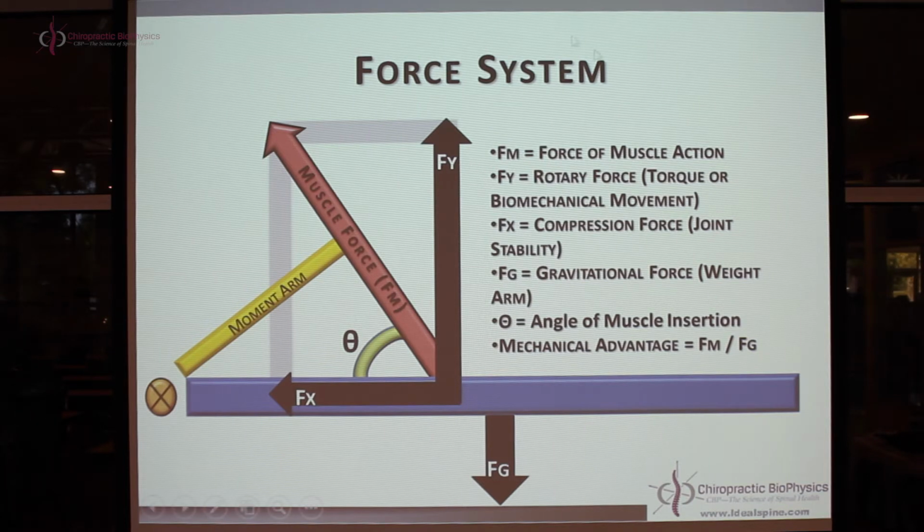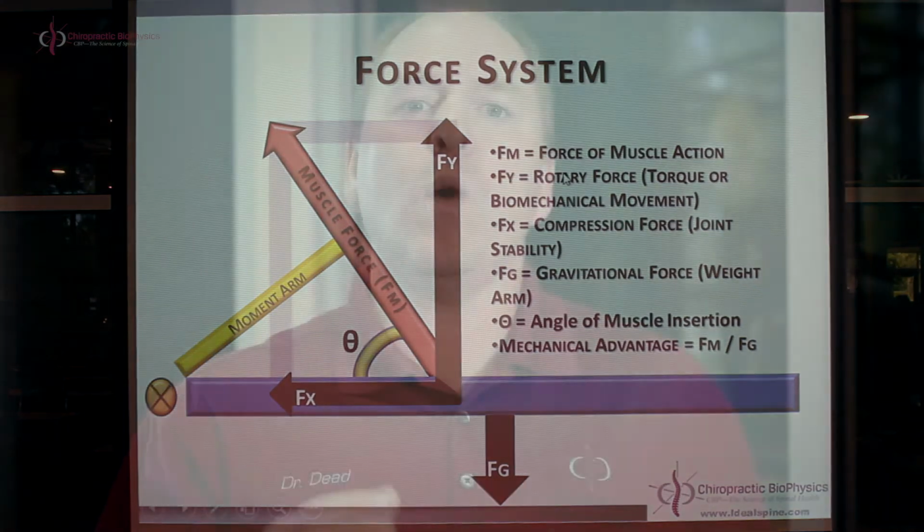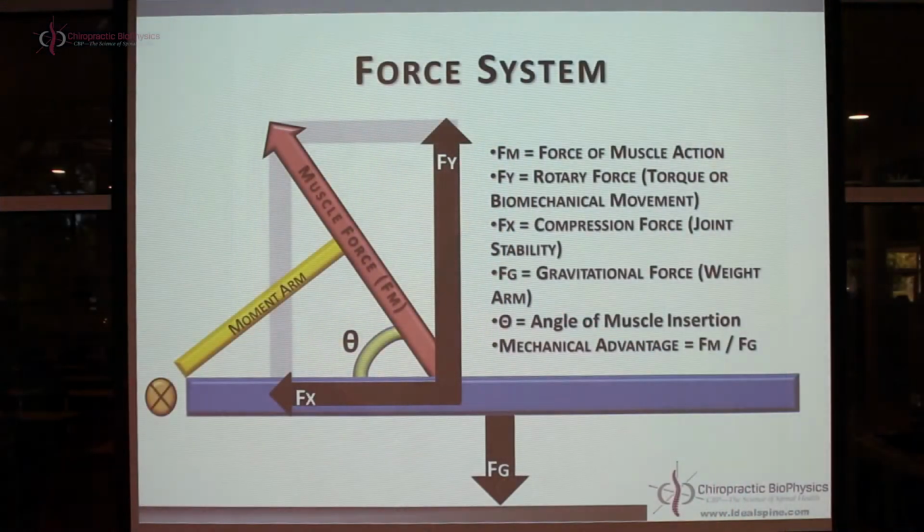Shown in this diagram is FM, the force of muscle action. Fy is the rotatory force or torque vector. This would be what the upper thoracic spine and lower neck is going to have to resist. It's going to have a torque vector moment arm on it.